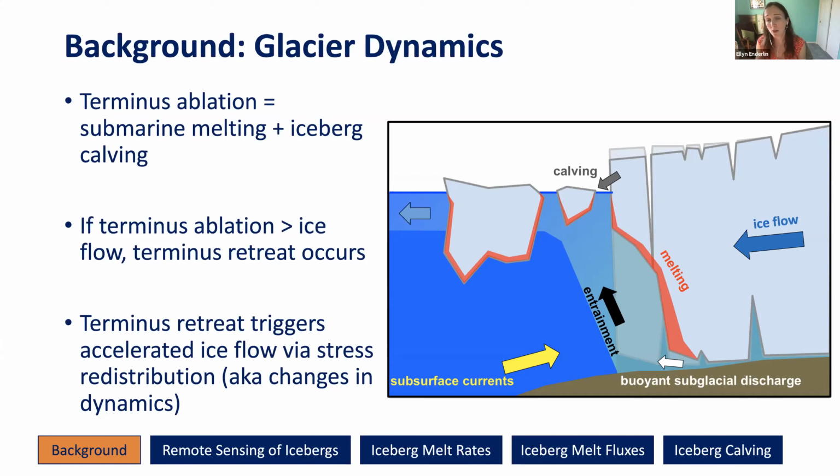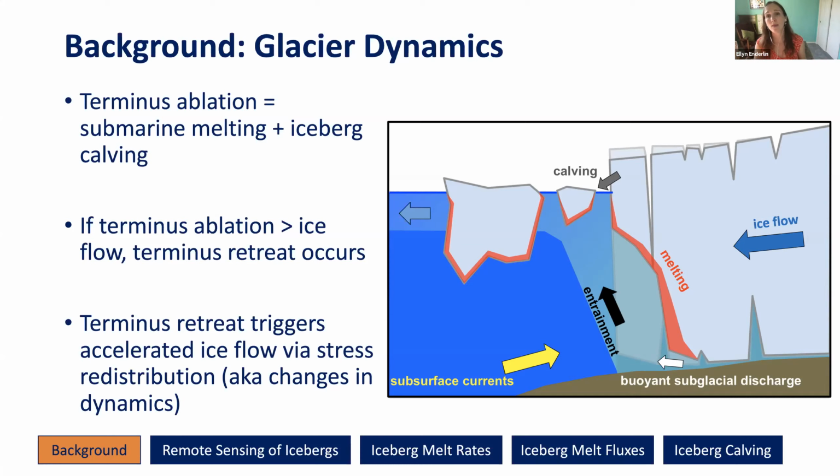But we can also, if we warm our air temperatures, some of that water gets down here to the base of the glacier. That's what I have labeled as subglacial discharge here. So not only is that causing that nice slip and slide effect that makes these glaciers move so quickly, but that is also coming out at the terminus here as buoyant, really cold and fresh water.